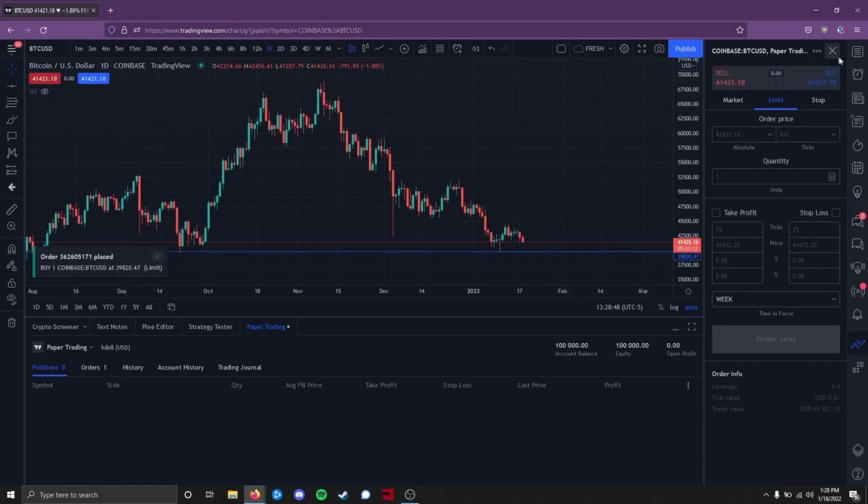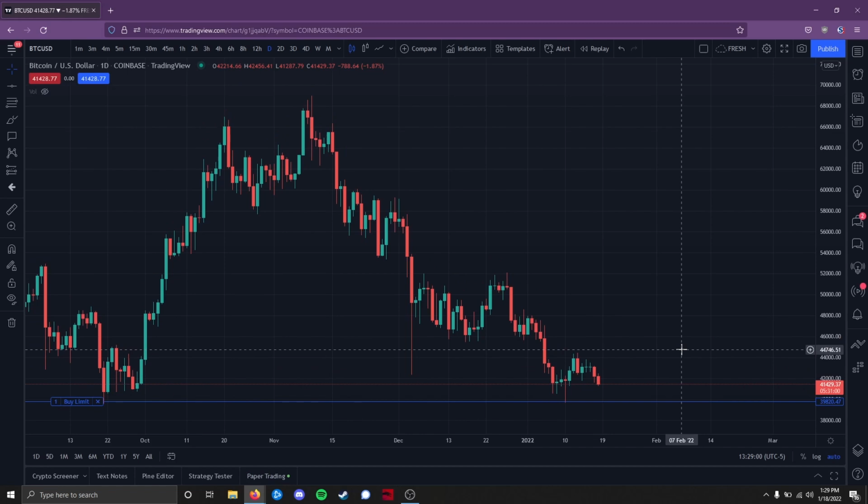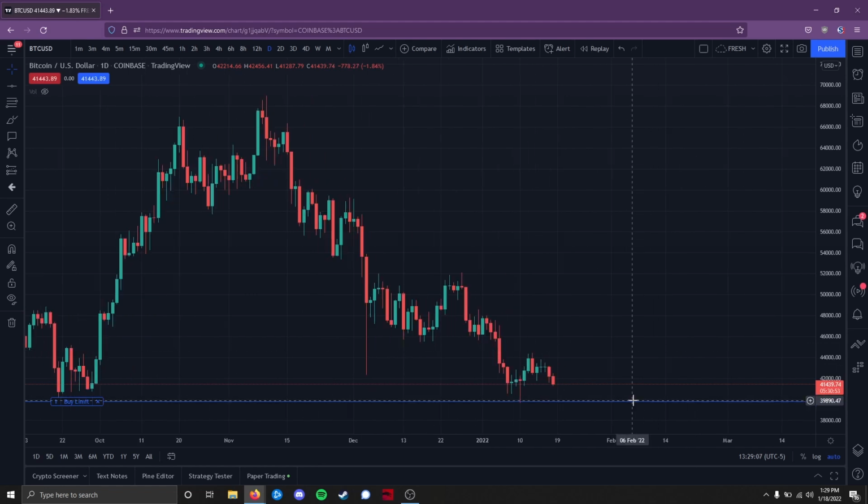So we're going to set this limit by, and as you can see in our chart, let me just hide these. In case you want to hide these, you could just look for these minimize options next to the maximize panels. That will lower and hide all of those extra menus. Here we see our paper trade limit order has been successfully placed.